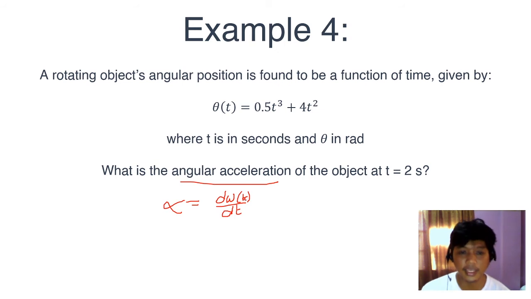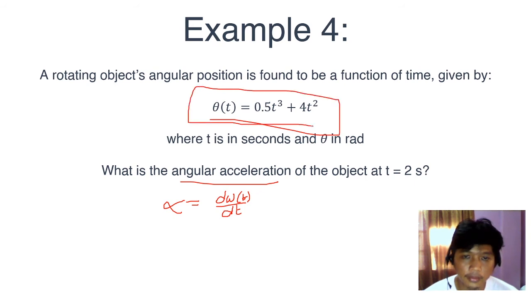So do we have omega as a function of time? Well, unfortunately, no. We only have theta as a function of time. So we have to convert this into an omega as a function of time. How do we do that?